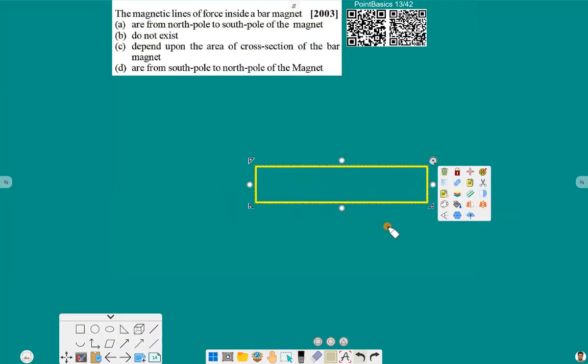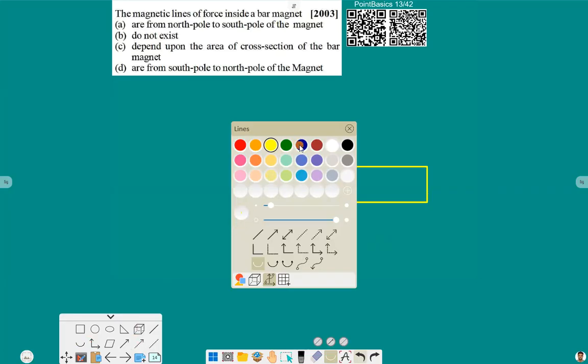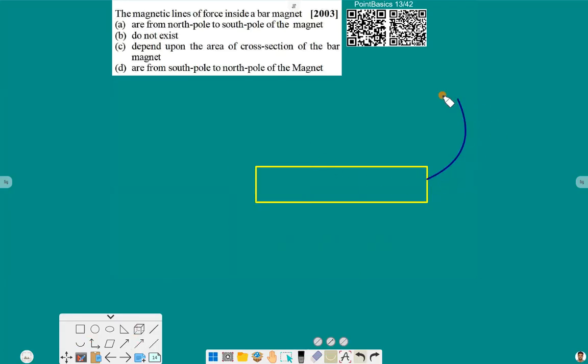We know that magnetic field outside moves from North Pole to South Pole, and inside they move from south to north.